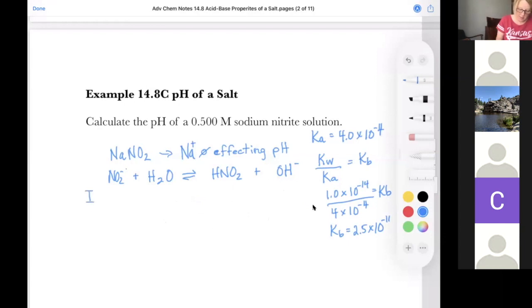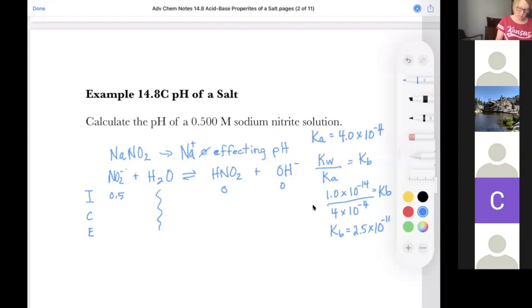So initially we have 0.5 molar NO2. We're not going to worry about water. We have 0 of these.